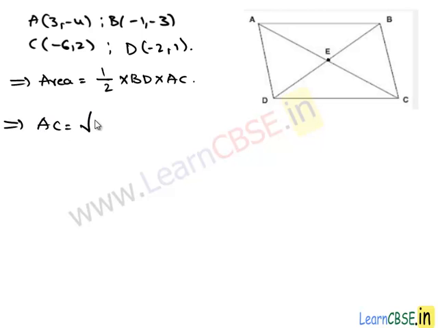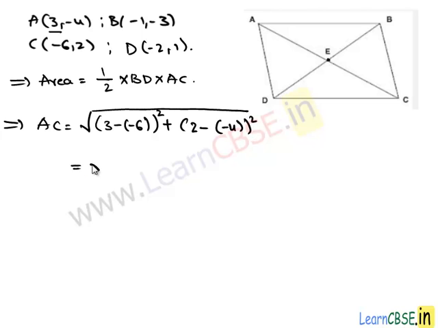AC is equal to the square root of the sum of the squared difference between x coordinates and the squared difference between y coordinates, that is 3 minus of -6. Here we should be careful while dealing with negative signs. The difference between y coordinates is 2 minus of -4, whole square, and it should be under the square root.